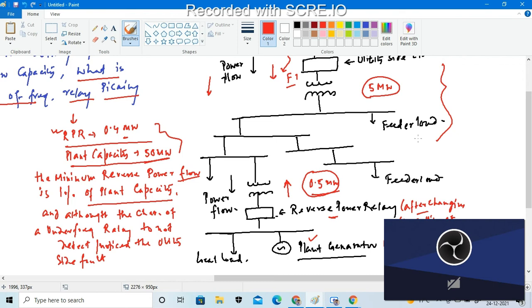In that session, we will discuss the advantages of using the vector shift relay rather than the reverse power relay. So that is actually the drawback. Okay, is that clear? Is that clear or not? Is there any question? I think you don't have any questions.